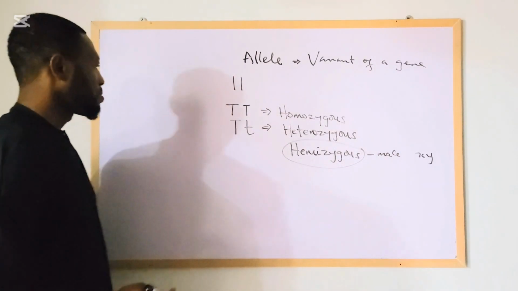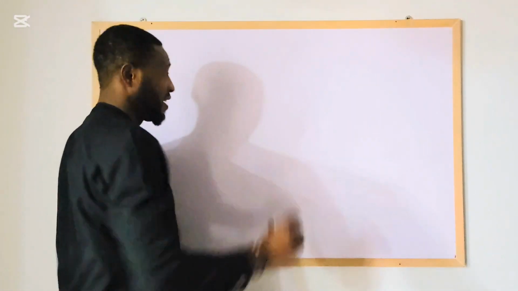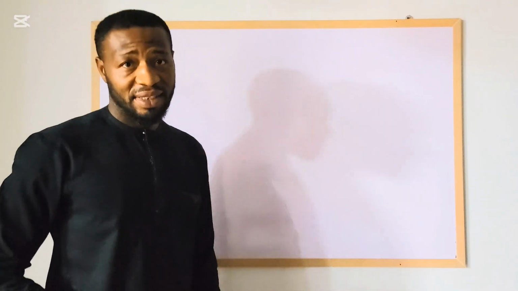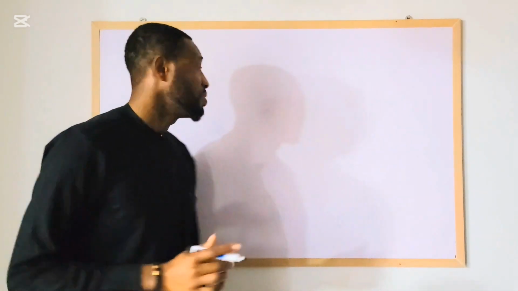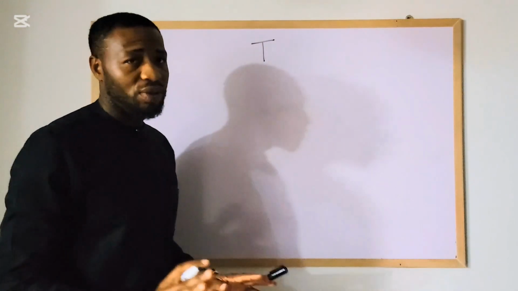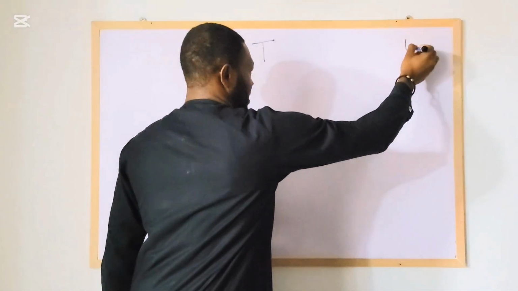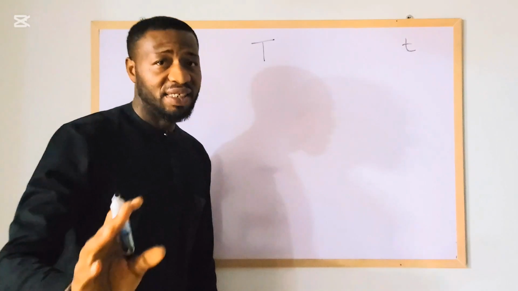Okay, so autosomal dominant diseases are diseases that manifest in the heterozygous state, and so we are going to be using capital letter T to denote dominant genes, and then small letter t to denote recessive genes.